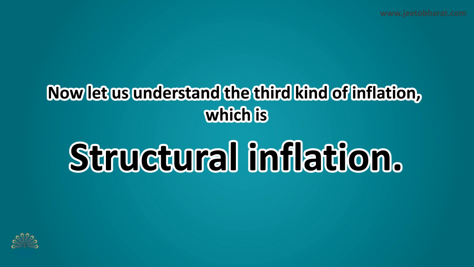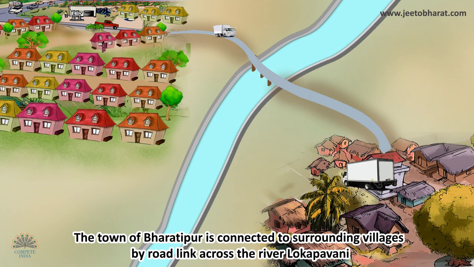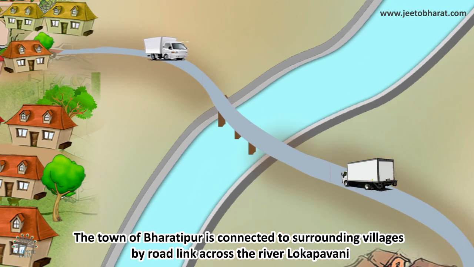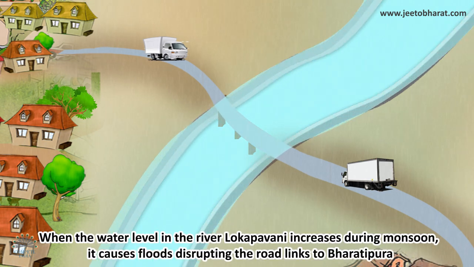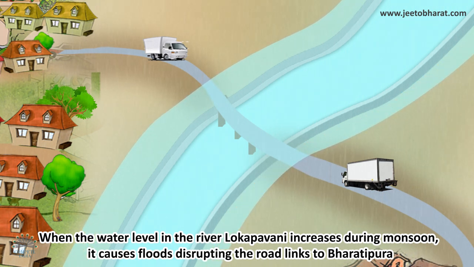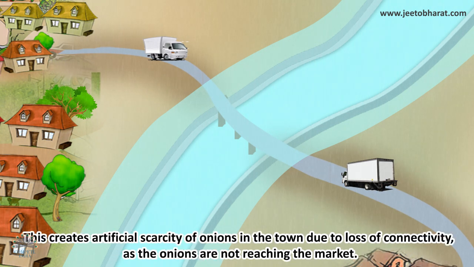Now let us understand the third kind of inflation, which is structural inflation. The town of Bharatipur is connected to surrounding villages by road link across the river Lokapavani. When the water level in the river Lokapavani increases during monsoon, it causes floods disrupting the road links to Bharatipur.